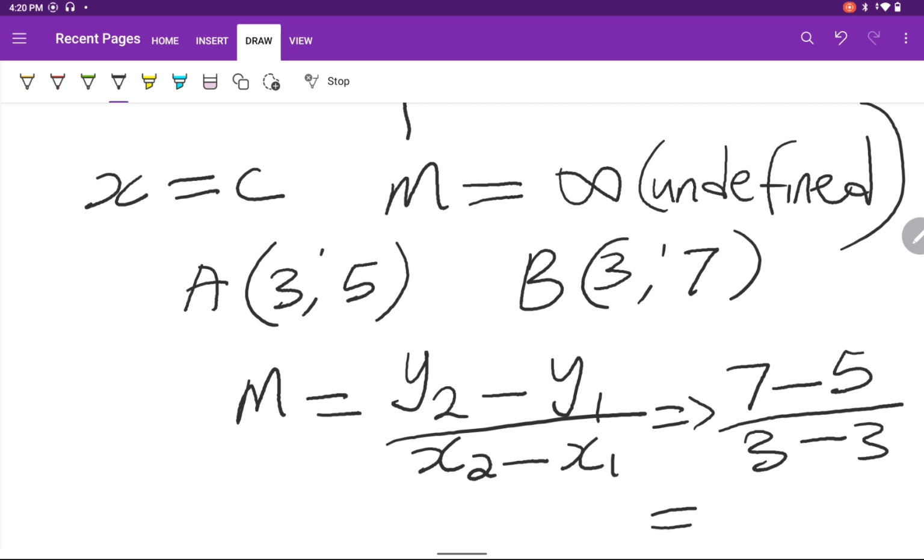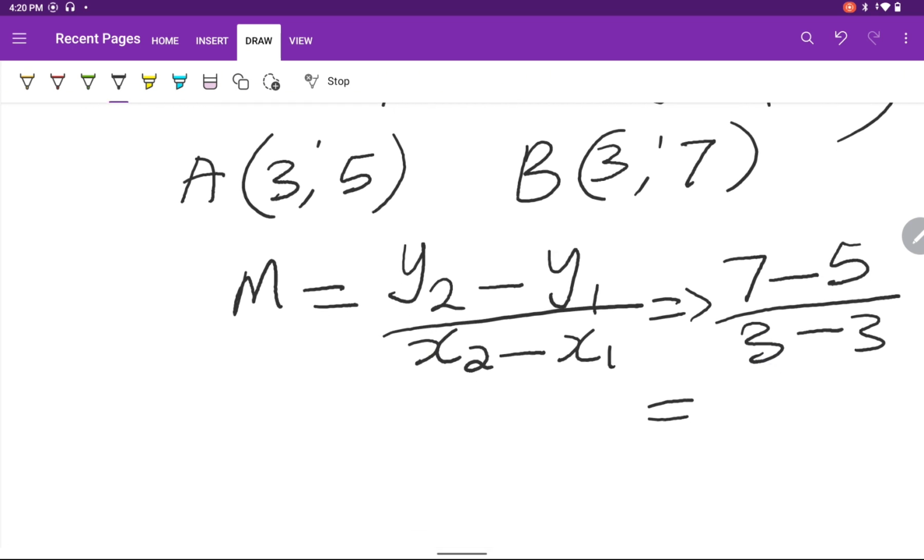Now, 7 minus 5 is 2, but 3 minus 3 is 0. So we have a division by 0, and we know this cannot be defined. As long as it's division by 0, it is undefined. If we don't know this fact, we will get frustrated here.